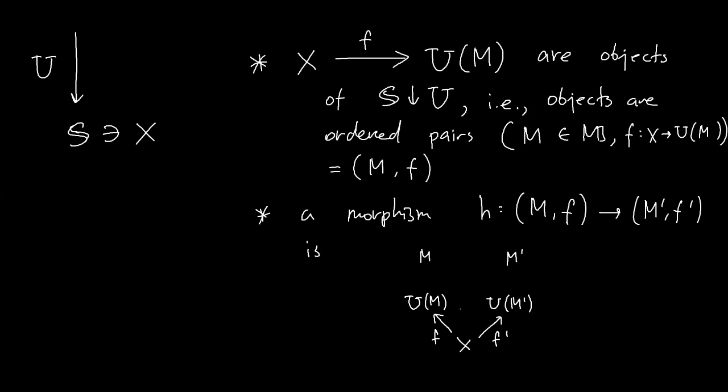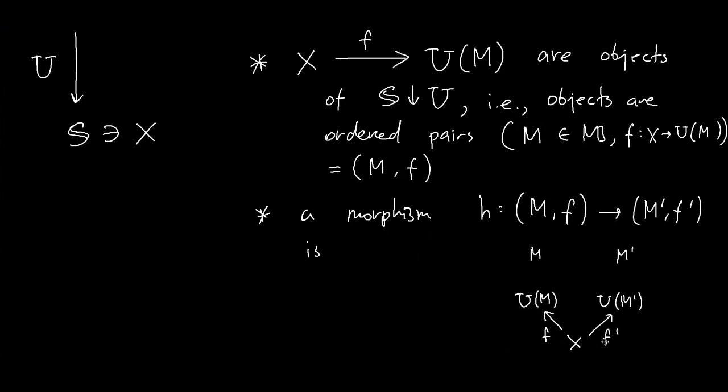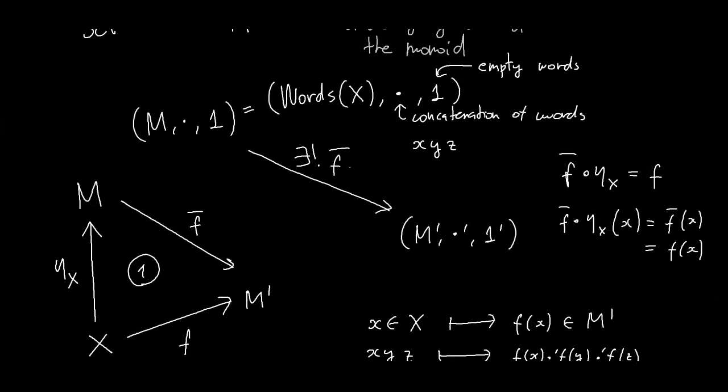Right. And what we actually want is a morphism from M to M prime. That's right, yeah. Remember, that's what we had here. This F bar was a unique homomorphism, not a unique function from M to M prime. There'll be many functions from M to M prime making this triangle commutative, but only one that's actually a homomorphism from the free monoid to that other monoid.